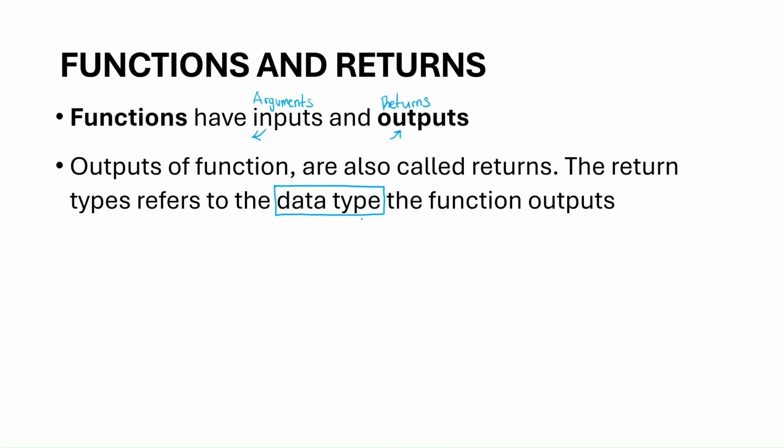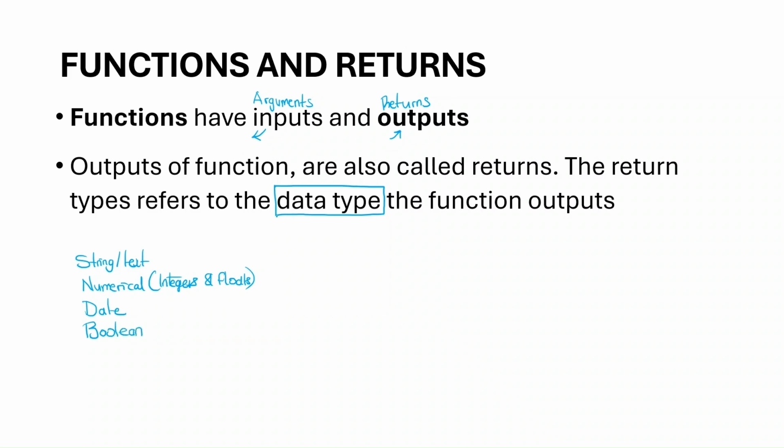In the data type lecture, we learned about the basic data types in Excel, which are your string or text, your numerical, which involves your integers and floats, the date, and the boolean.